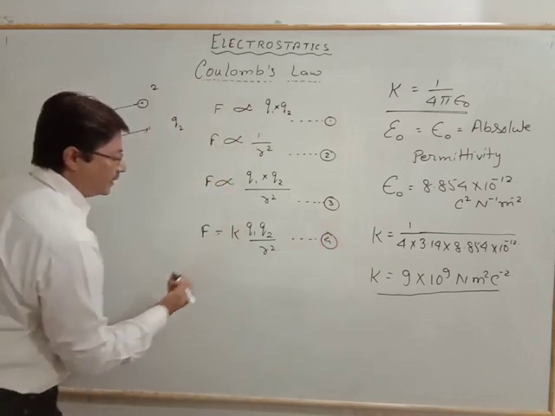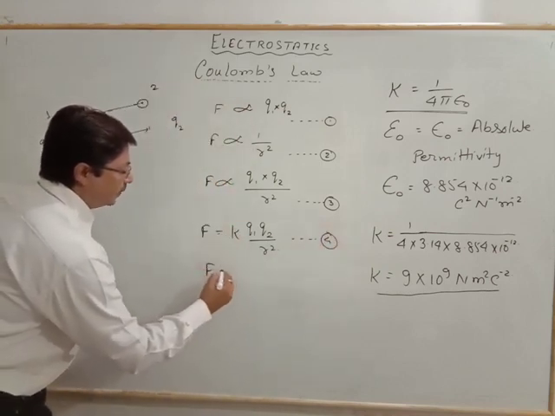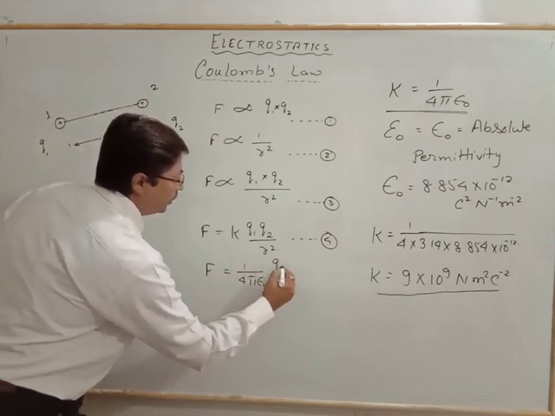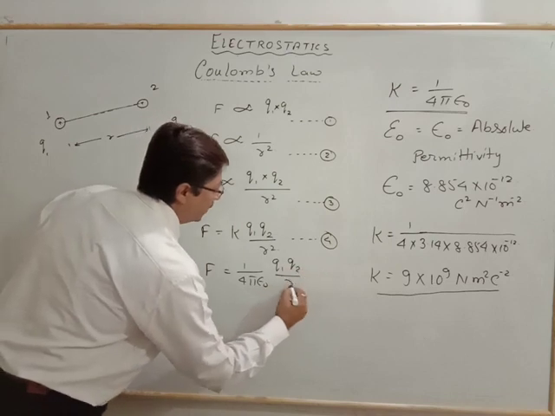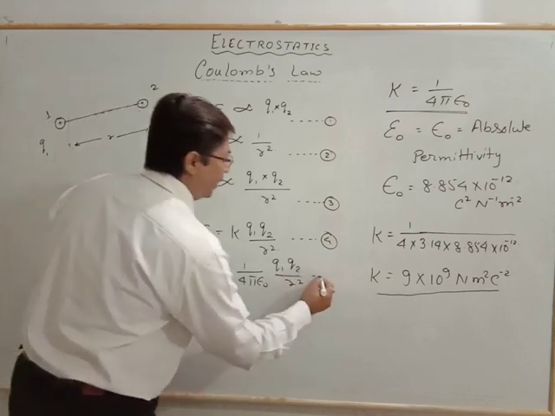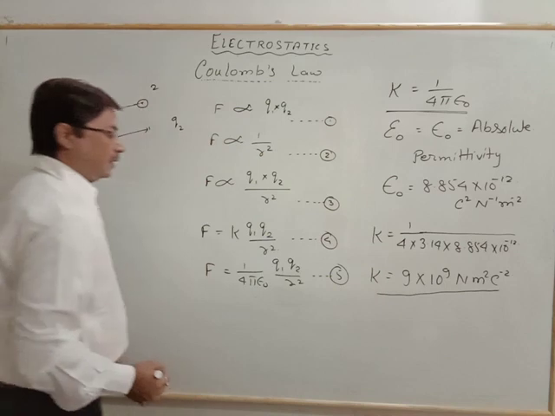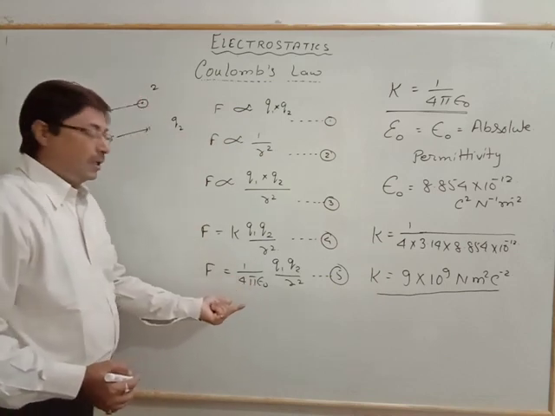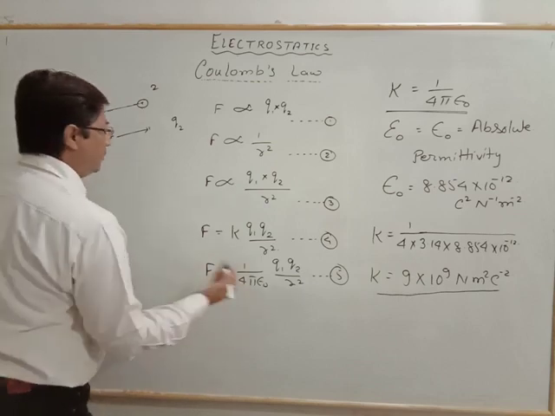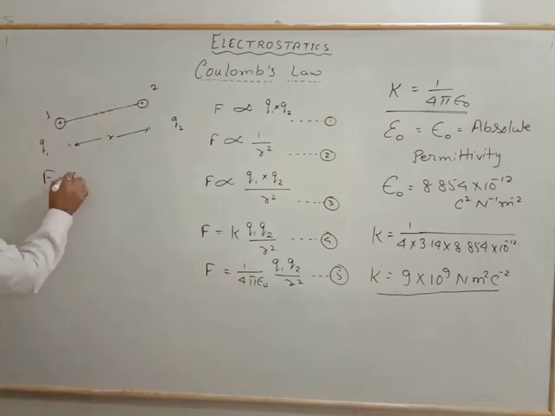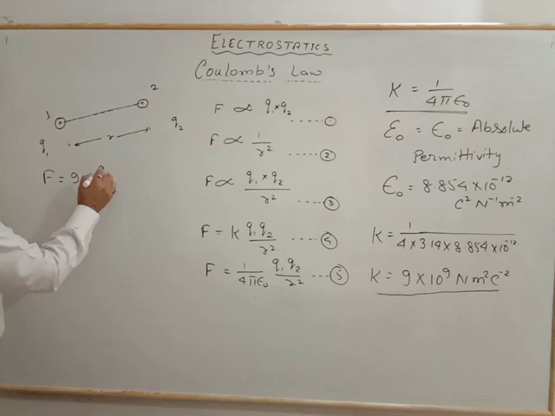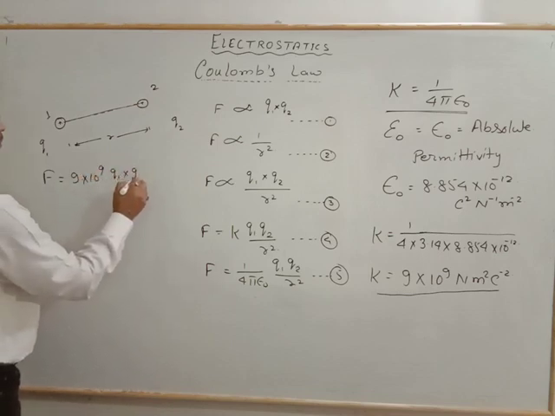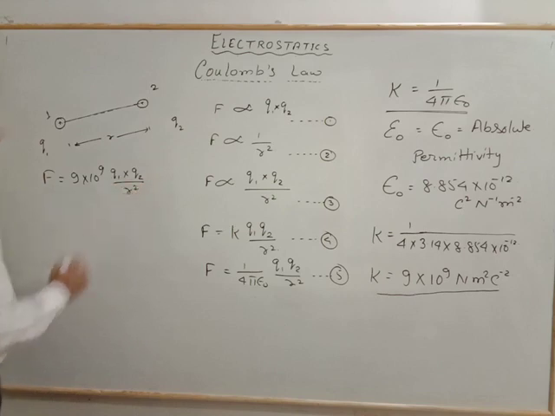Now in place of this K, we can write F is equal to 1 by 4 pi epsilon naught Q1 Q2 by R square, and that becomes equation number 5. Or if we use it to solve a numerical problem, in that case the same force value we can write as F is equal to 9 into 10 to the power 9 into Q1 into Q2 by R square.